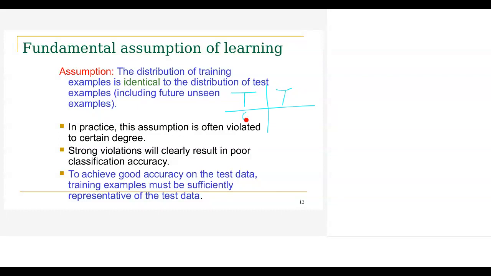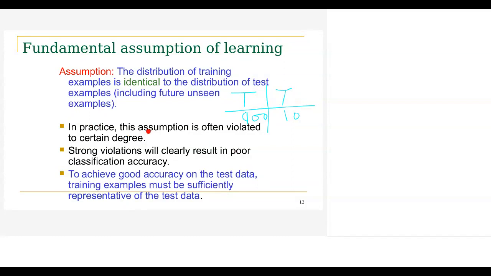If there are 900 cases in training data and in test data there are only 10 cases, it will always give you a biased result. So data should be distributed in an identical manner. If there are 900 training cases, there should be test cases of even 600 or 700. Then it will give you a good accuracy.